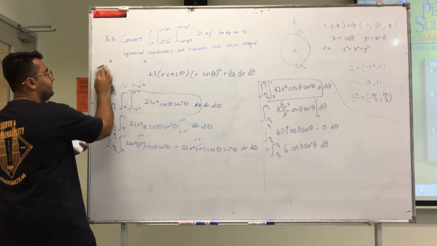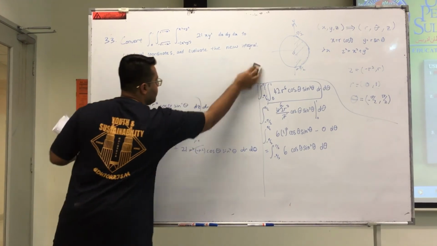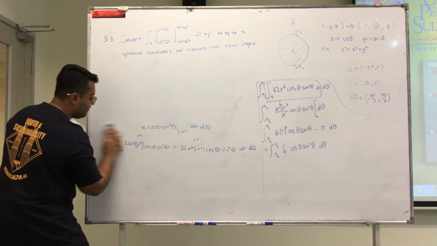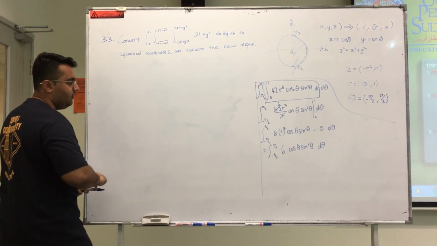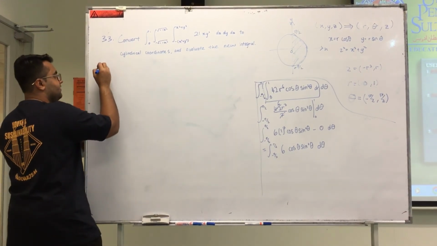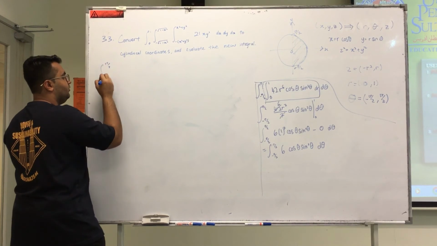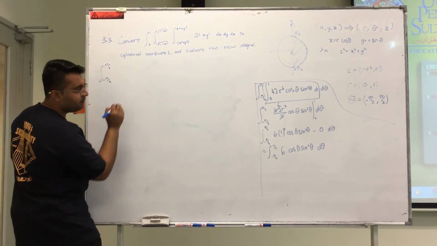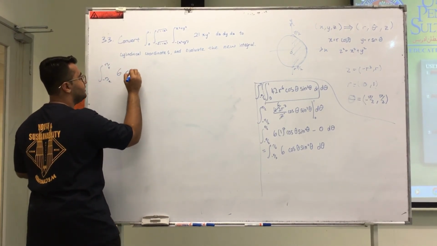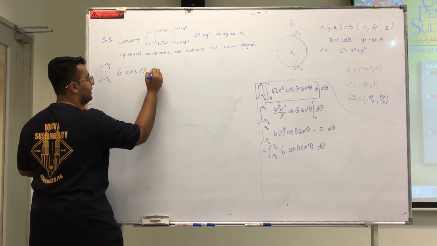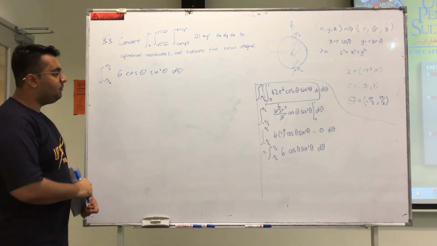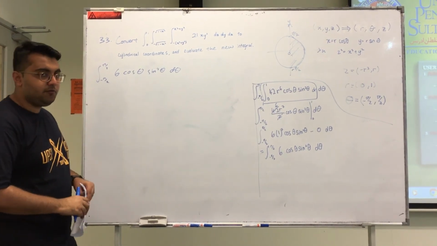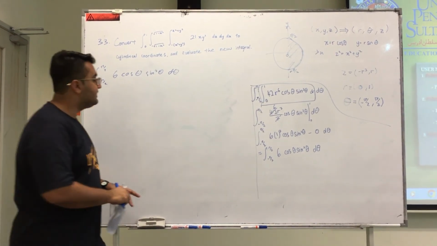So I'll write it out here, pi over 2, negative pi over 2, 6 cos theta sin square theta d theta. Here, it's quite complicated for us to integrate like that, so we are going to use the substitution method.